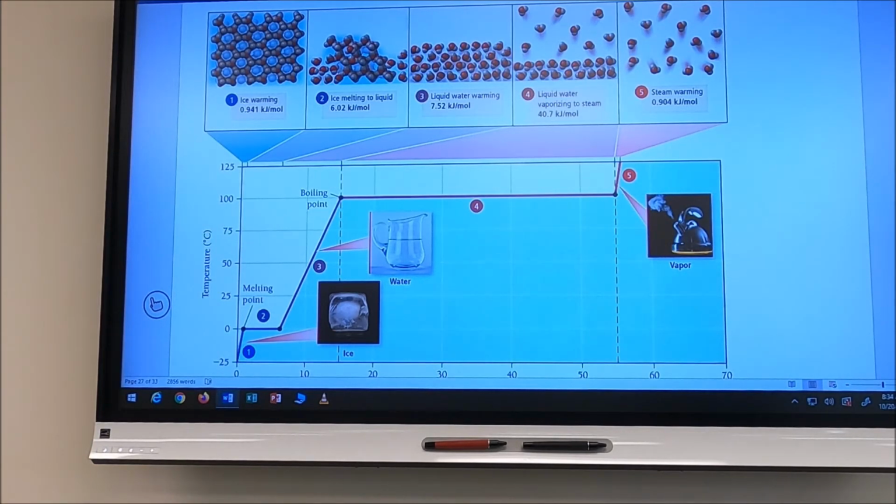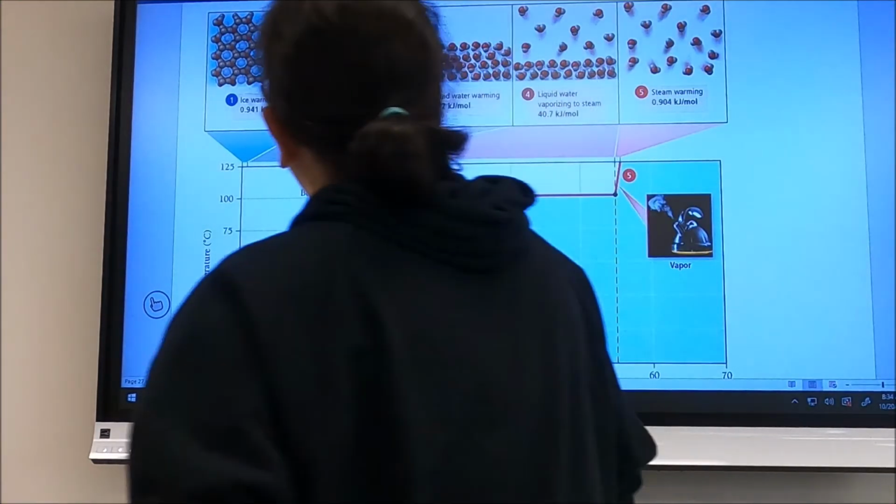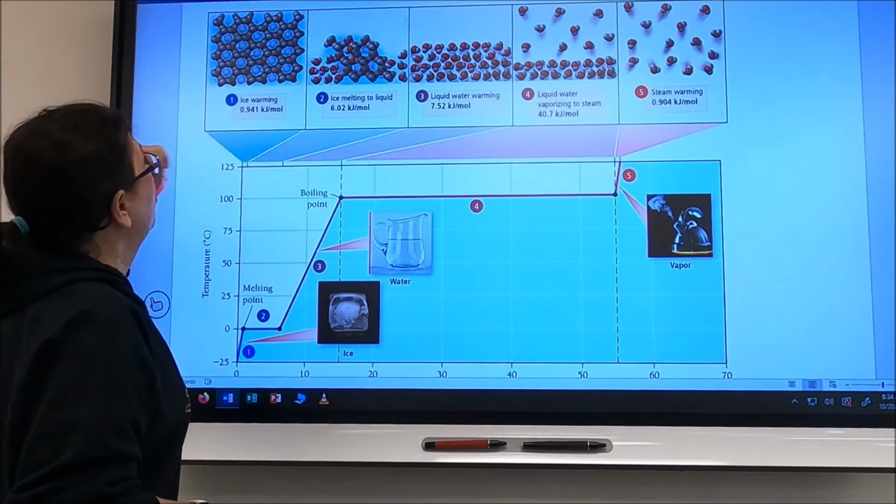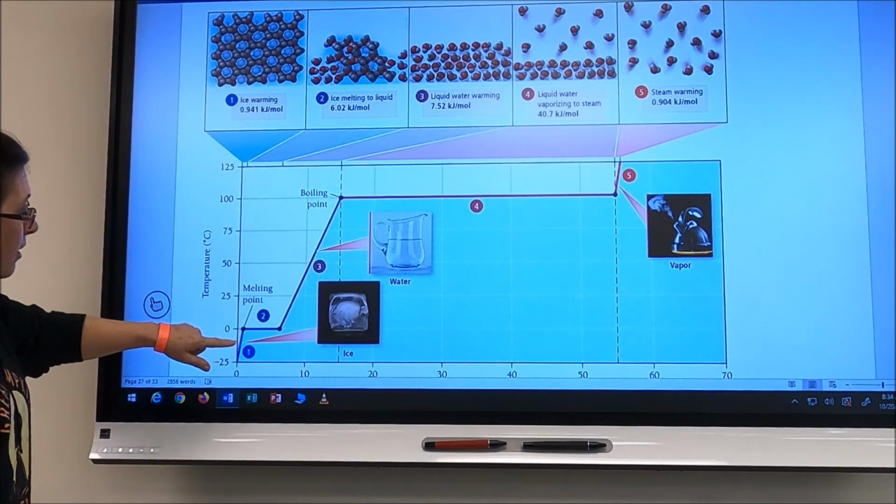There starts to be more vibration in the ice cube. I think it's kind of interesting the way that they drew it. But we've got a solid.